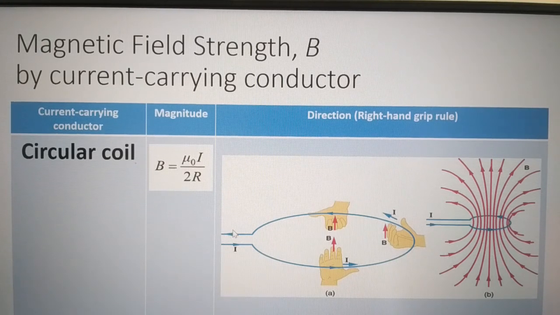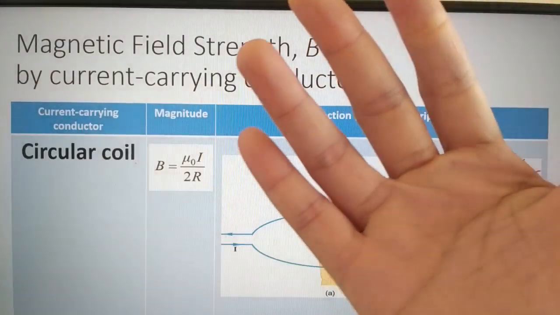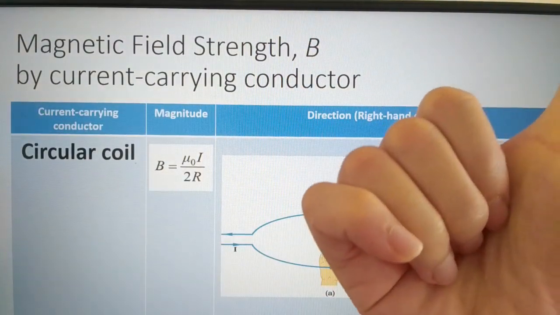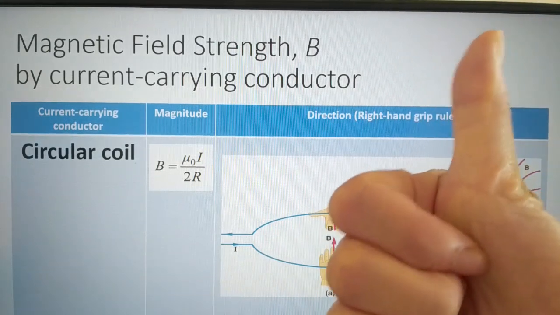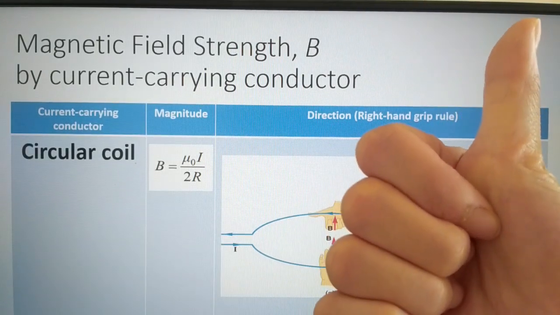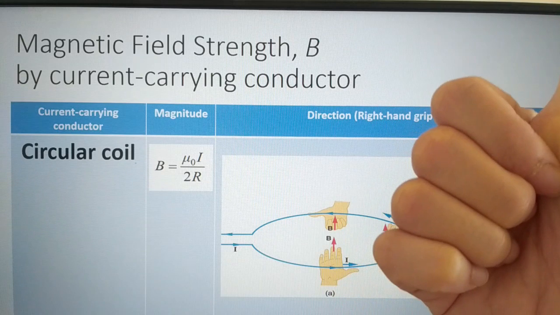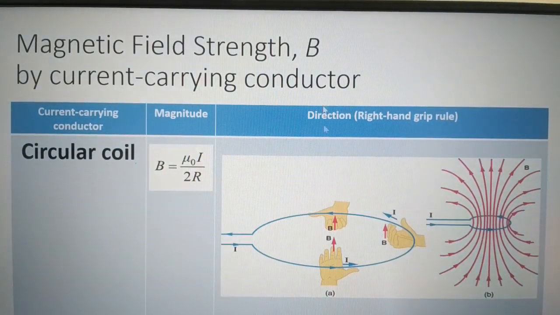So how do you determine the direction for the circular coil? Again, you use your right hand grip rule. Use your right hand to grip the conductor, and your thumb must point in the direction of your current flow.